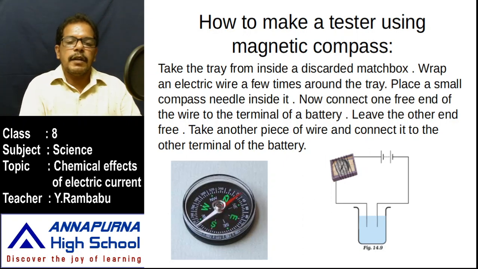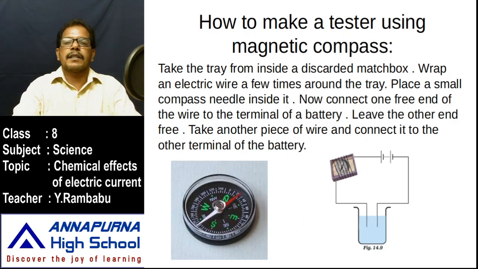First, take any solution in a beaker and dip the free ends of this tester. Turn on the switch and focus on the magnetic compass. If you observe a deflection in the magnetic compass momentarily, that means electricity passes through this solution. If there is no deflection, then electricity doesn't pass through the solution.